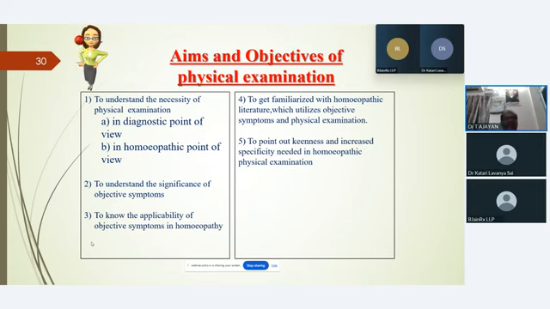All these help for diagnosis, and at the same time we convert them to the homeopathic point of view. That means a homeopathic physician uses any objective level findings simultaneously for the diagnosis as well as for the selection of a homeopathic medicine.